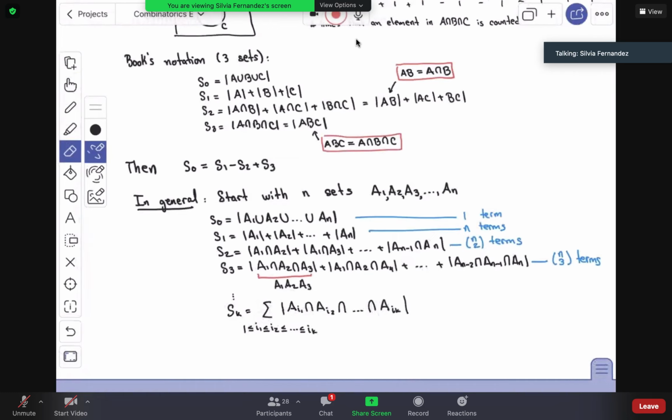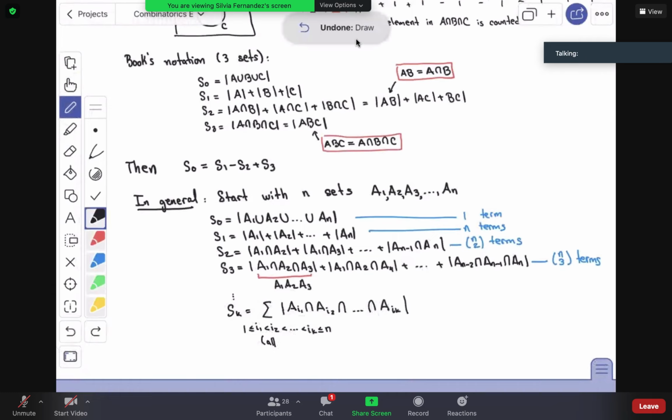These are different, sorry. The first one is less than or equal, that was fine, but the others are strictly less. And this one is less than or equal to n. So all n tuples, k tuples. So these are n choose k terms.